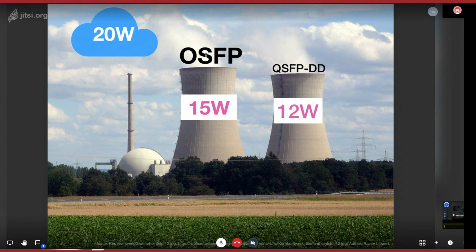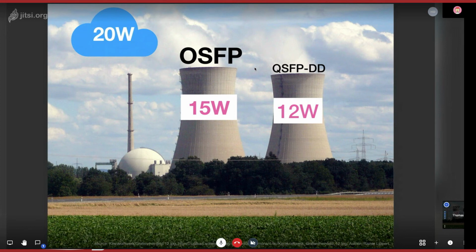You put a huge heat sink there and you optimize the fan setup of your switch or router so that a lot of air is sucked through that heat sink, then you can run a QSFP-DD at 20 watts. Cisco did some trials in the last couple of days, and they also published that on their blog. Just Google for QSFP-DD 20 watts and Cisco. I'm pretty sure you will find that blog entry.